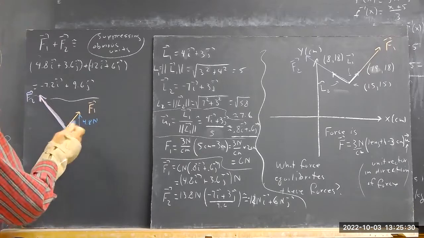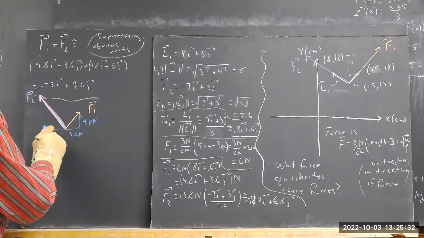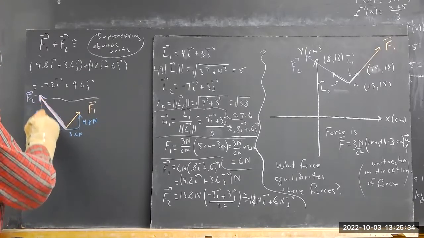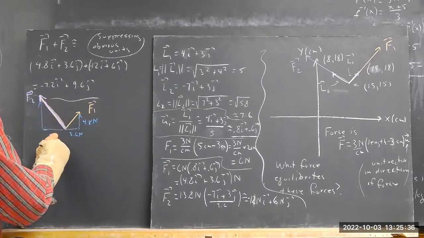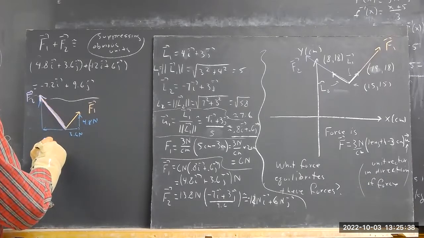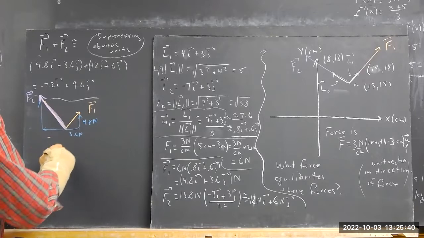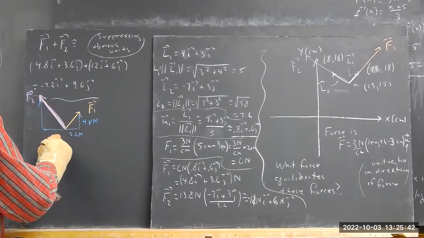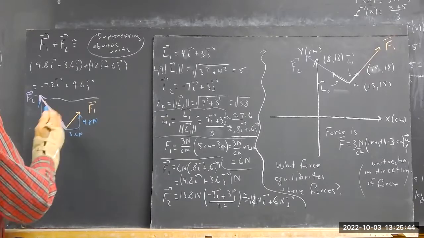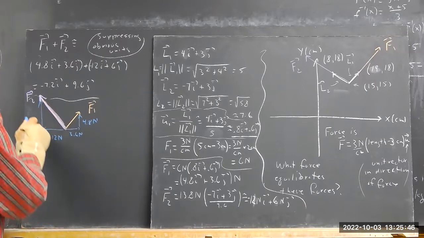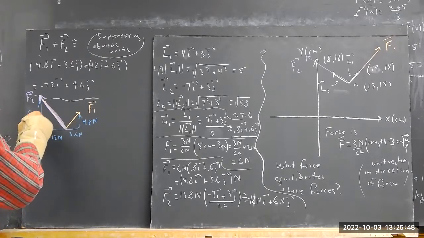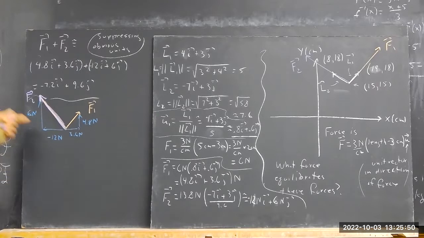The components here are approximately negative 12 newtons and 6 newtons. I drew this thing way too steep, so the picture isn't very good. This thing should have been at a much different angle.